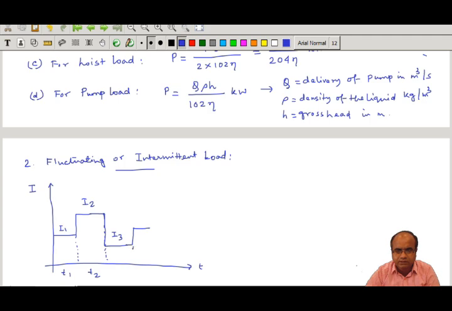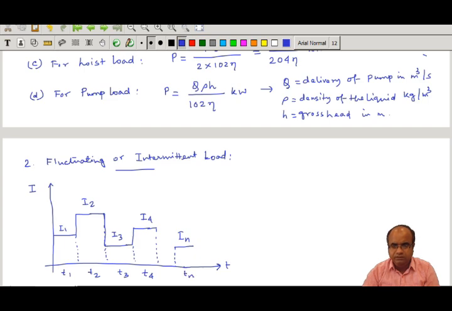Again it is increased, I4, for the time period t4, and up to, say, this is IN for time Tn. Okay, this is the load curve.